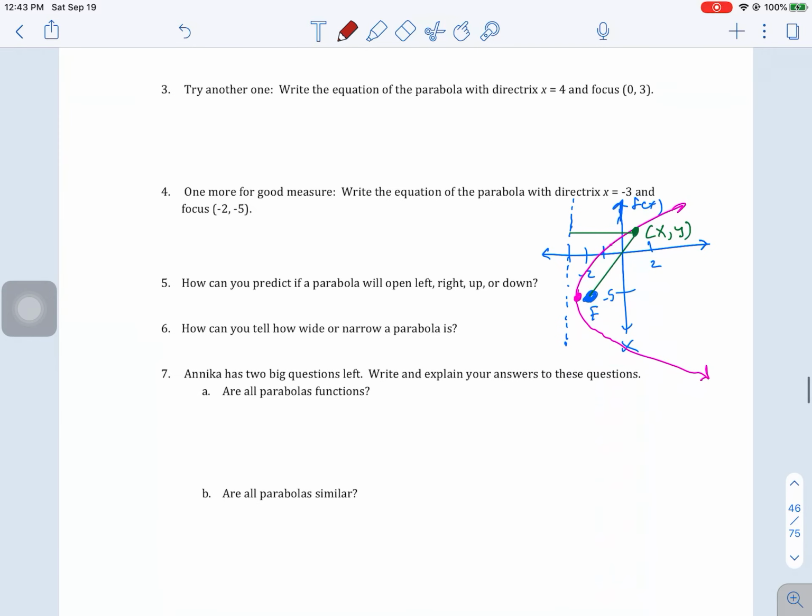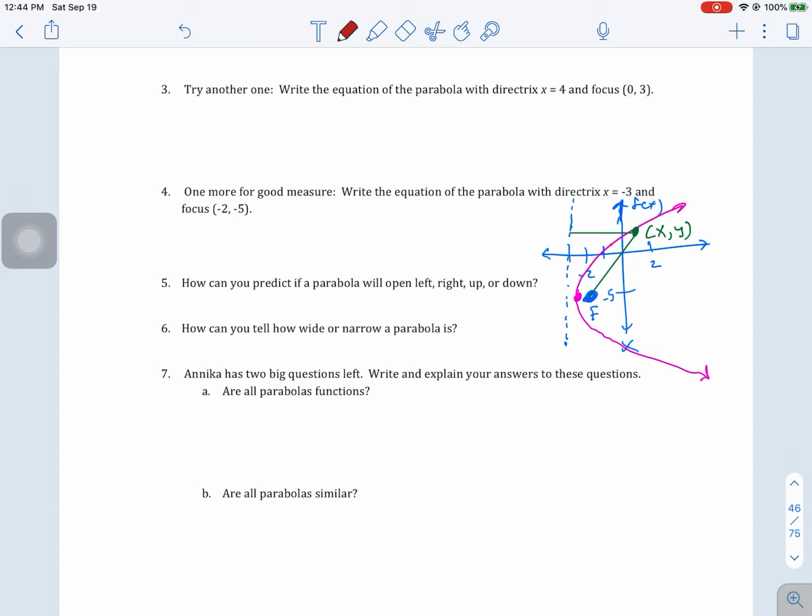Here's another one. It says, for good measure, directrix x equals negative 3, focus is at negative 2, negative 5. What would the equation be? Okay, so you could use a shortcut here, I think, right?